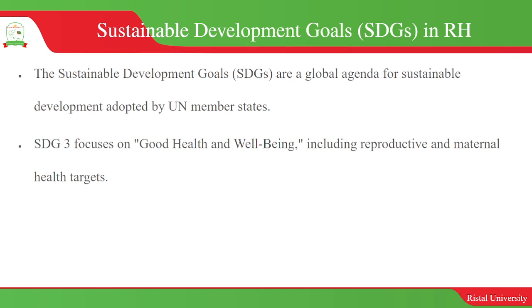Another thing that I think is worth talking about are the SDGs. The SDGs are the global agenda that were adopted by UN member states in 2015. They basically followed the Millennium Development Goals.